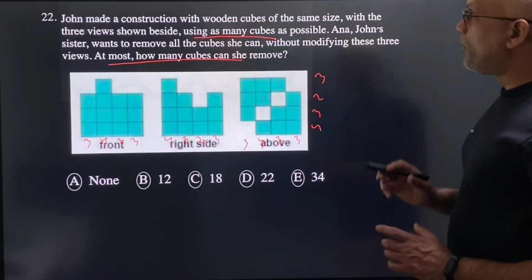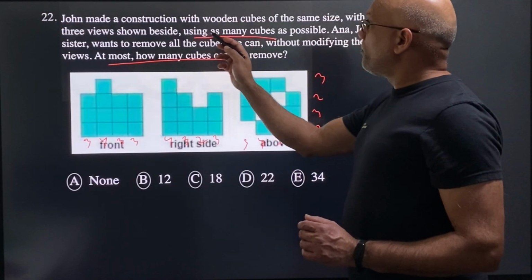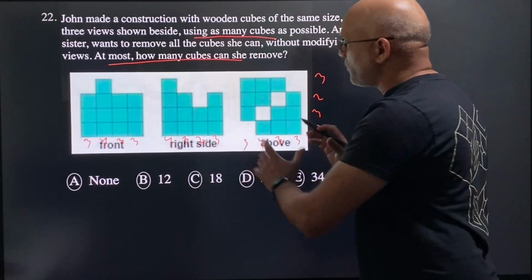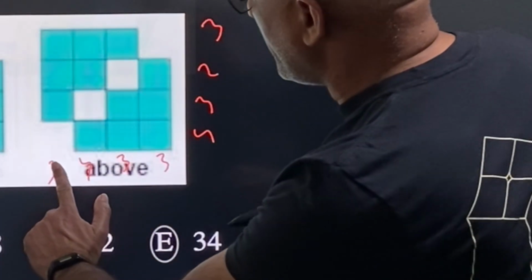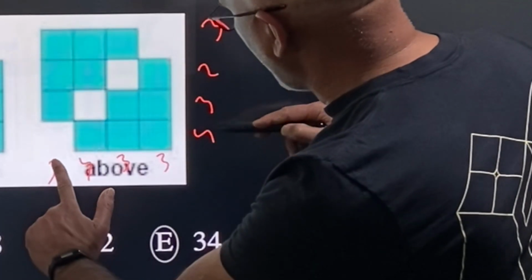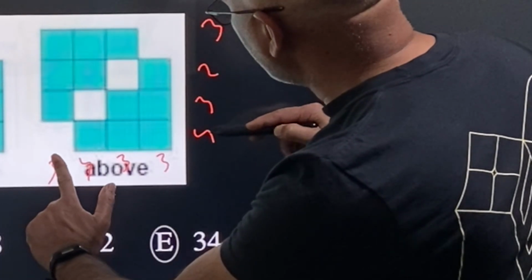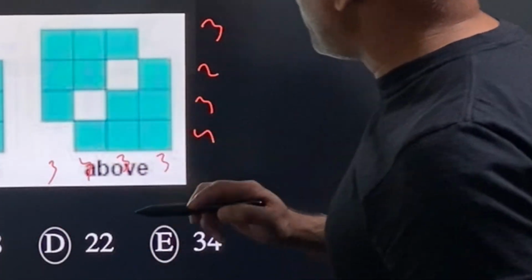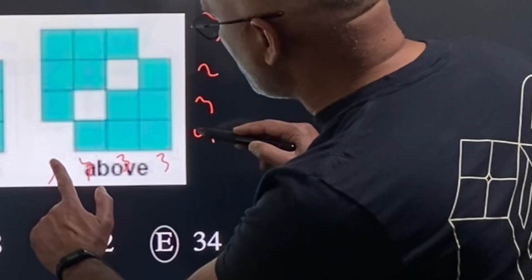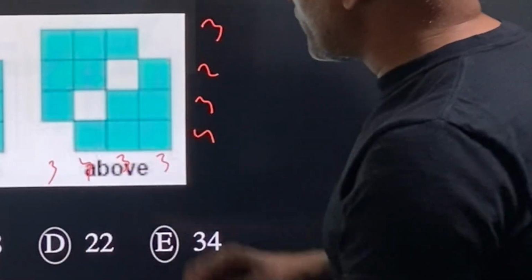Now, to find the maximum number of cubes to get this view, this is what we do. Take a column and a row, and whatever is the minimum of that, write in that cell if there is a cube in there. So this is 3, this is 4, minimum is 3, but there is nothing here, so I don't have to do anything.